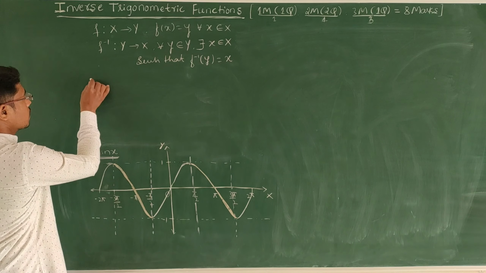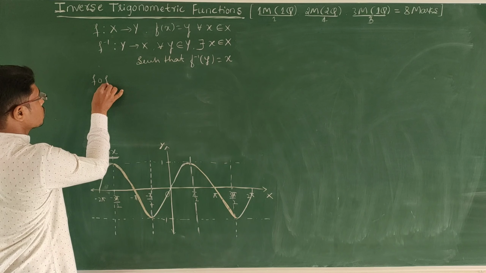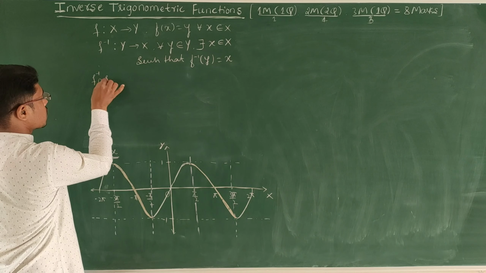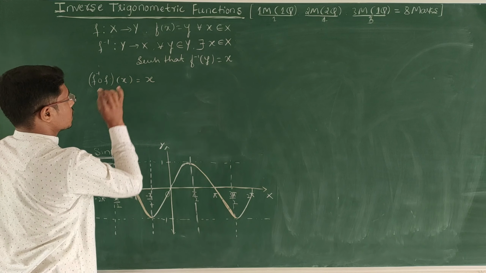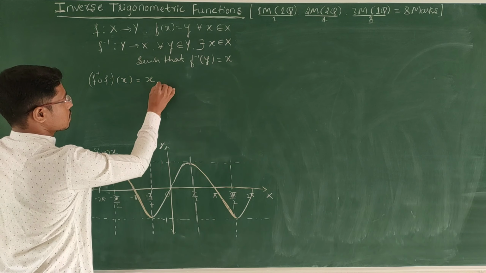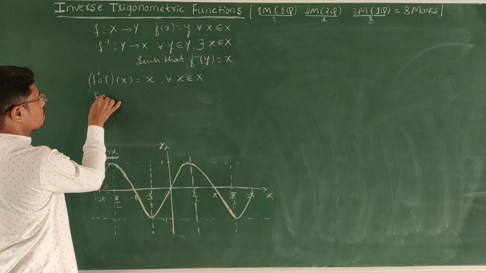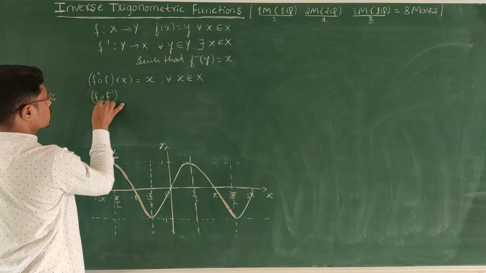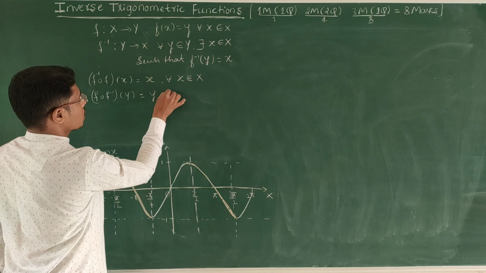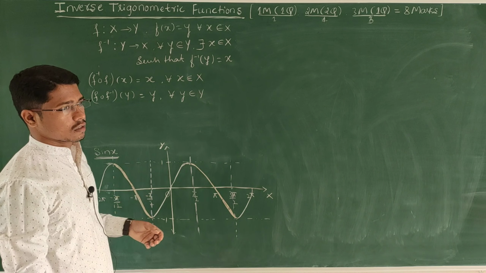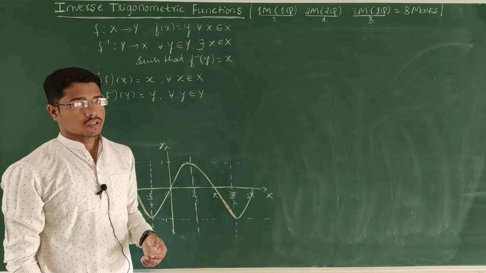And already we know f inverse composition f of x equals x for all x belongs to capital X, and f composition f inverse of y equals y for all y belongs to capital Y. So these are the basics about invertible functions.